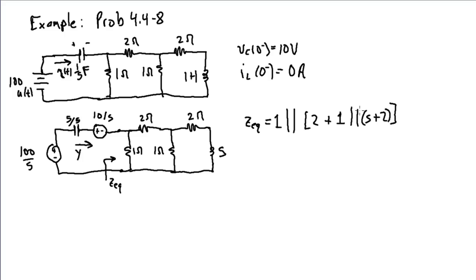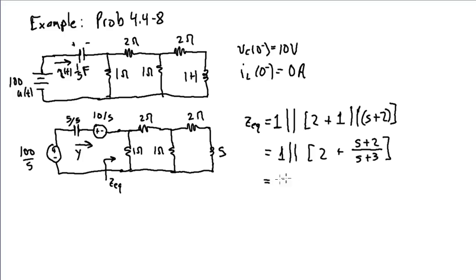So notationally I can write an expression for the equivalent impedance algebraically like this. I'll do this parallel combination. I'll just use the product over sum formula. So I'll have 2 plus the product, s plus 2 times 1, over the sum, s plus 2 plus 1, will give me this.